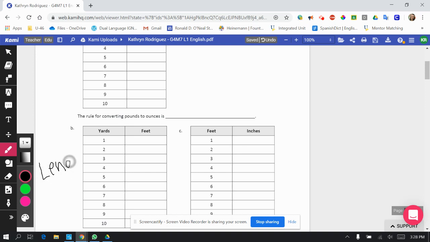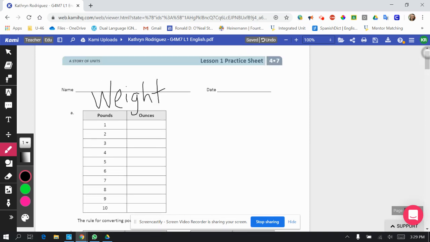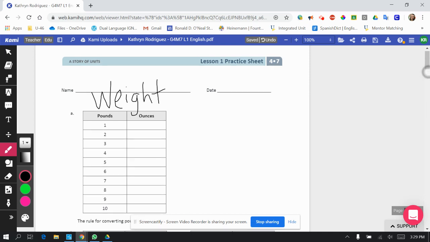That is how long are things when we measure how long or how tall they are. We'll be looking at yards, feet, and inches. This is called the Lesson 1 practice sheet. We'll start here. So if you have not already, please go ahead and open up your Module 7 math workbook.